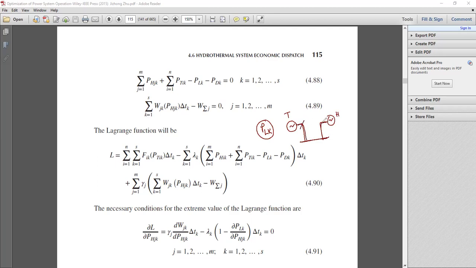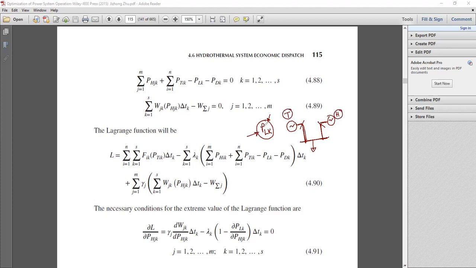In short, this is the bus, and this is the load. So throughout this transmission network, when you are considering the loss, your contribution for the loss is coming from the thermal unit as well as from the hydro units, remember.